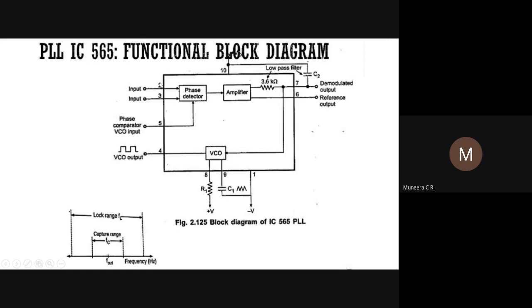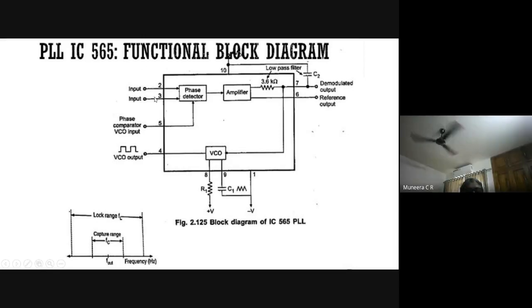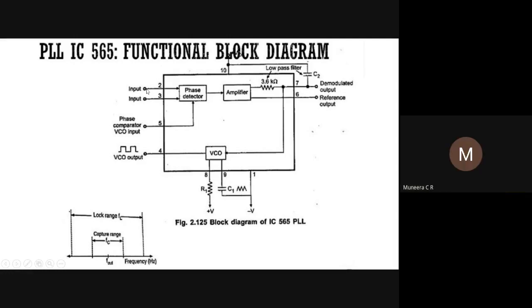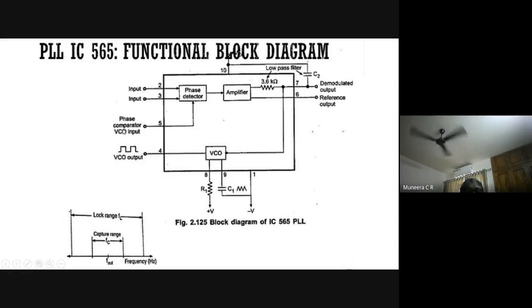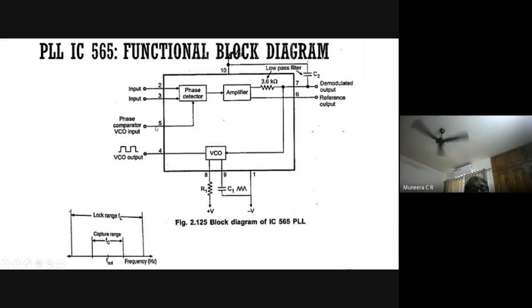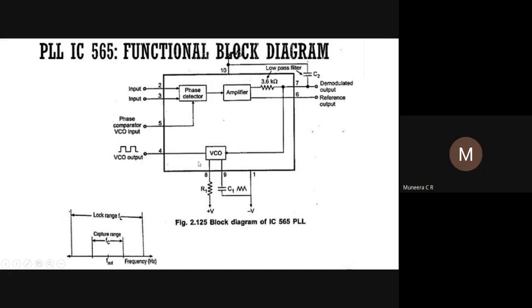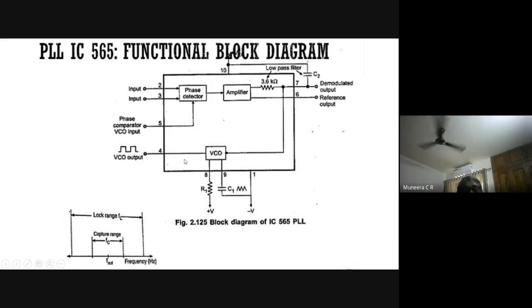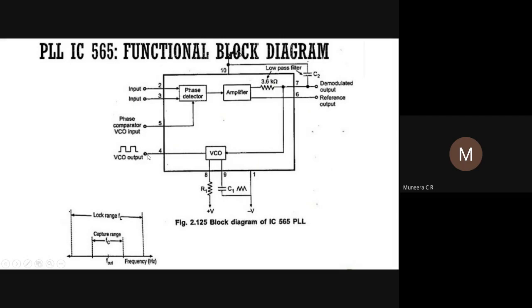In PLL 565, for the phase detector we have two inputs: one for the incoming signal frequency and one for the VCO. Since the VCO output is the fourth pin, you have to connect it externally from the VCO output to the phase comparator.